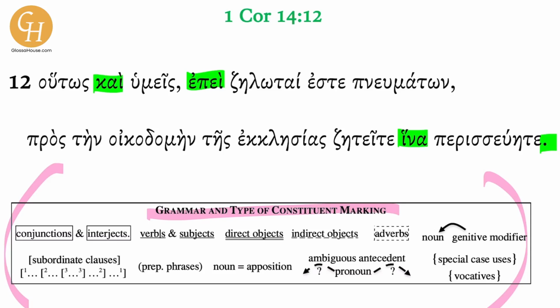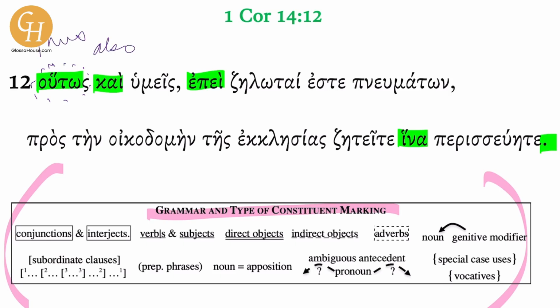I next will, I guess I'll just start at the beginning. I see a houtos. Now, houtos is kind of like a quasi connector in a sense. It's working with kai, and when kai is working with houtos, it's adding thematic addition and would be translated something like also, thus also.